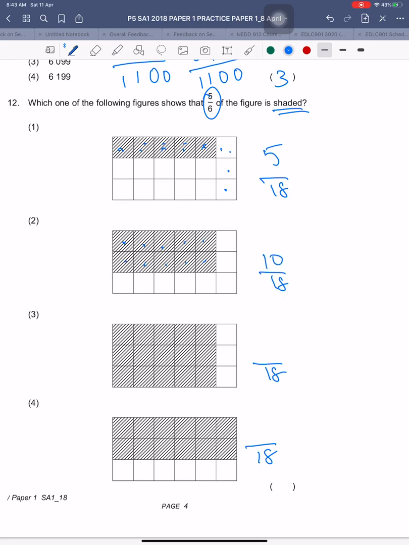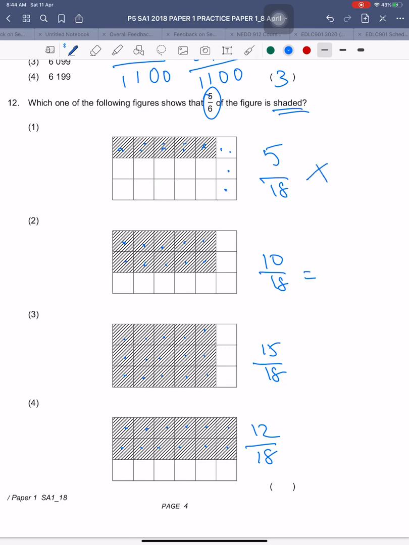Then this one is 1 2 3 4 5 6 7 8 9 10 11 12 13 14 15. This is 1 2 3 4 5 6 7 8 9 10 11 12. So what we have done is express the fractions of the figure being shaded, and you see which one is actually 5/6. So obviously this is not this one.